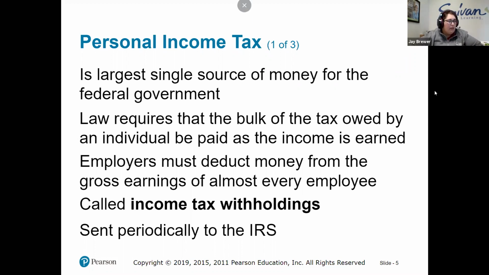Employers must deduct money from the gross earnings of almost every employee, called income tax withholdings, sent periodically to the IRS. By periodically, they should be sent every pay period. I guess if they're not, then maybe your employer is fine sending it maybe monthly or quarterly. I don't know.